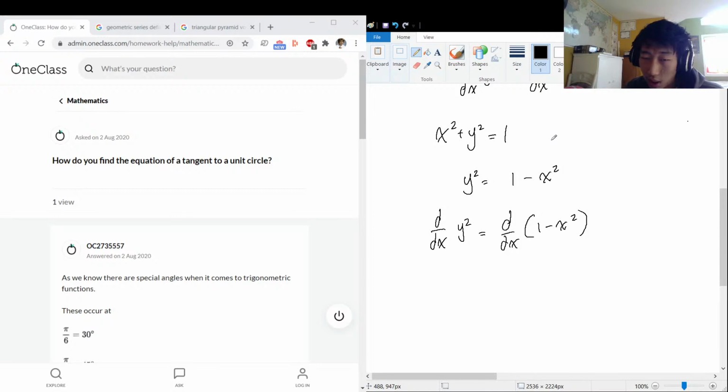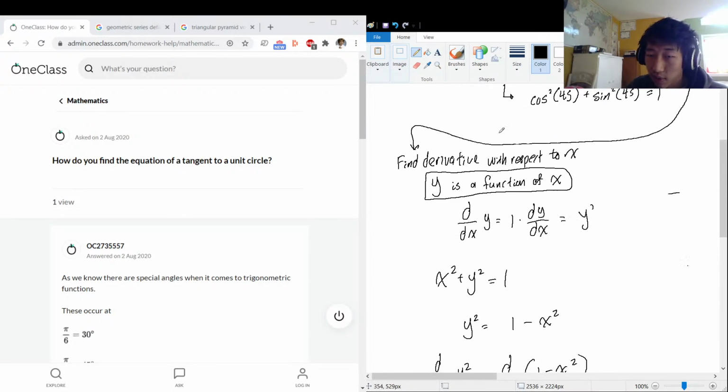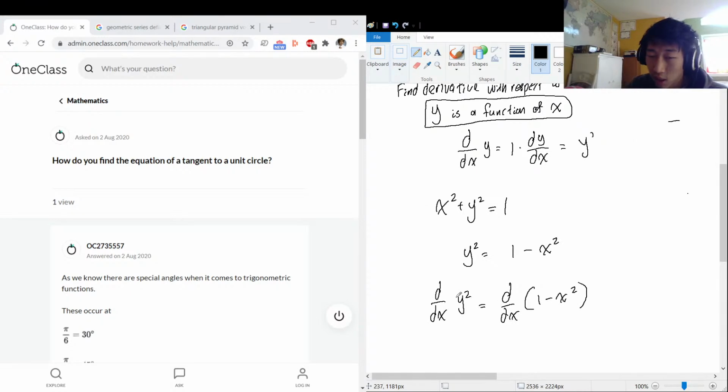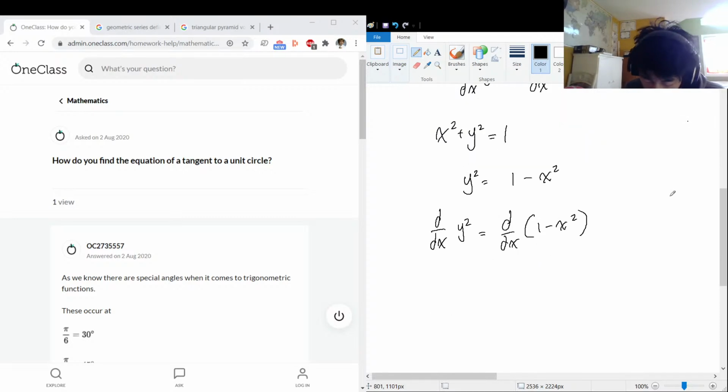Okay, so remember what I said earlier about y being a function of x? We're going to take the derivative normally, but we also have to multiply by its internal derivative. So this is going to be 2y multiplied by its internal derivative, so that's just y prime, is equal to the derivative of 1, so that's just 0, minus 2x.